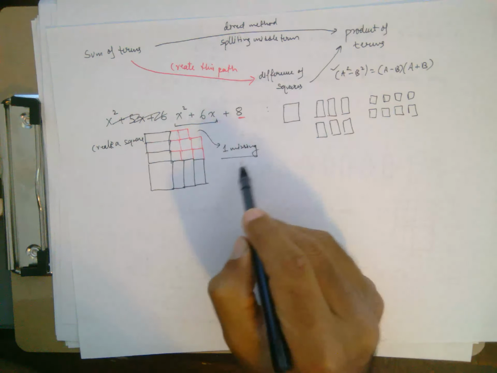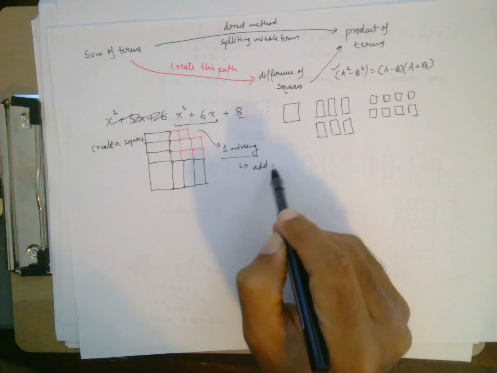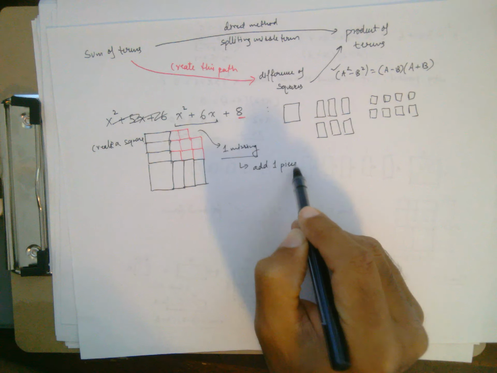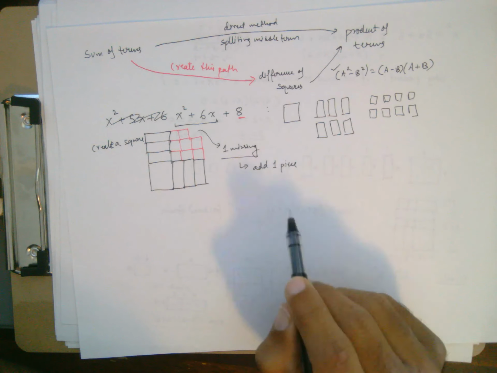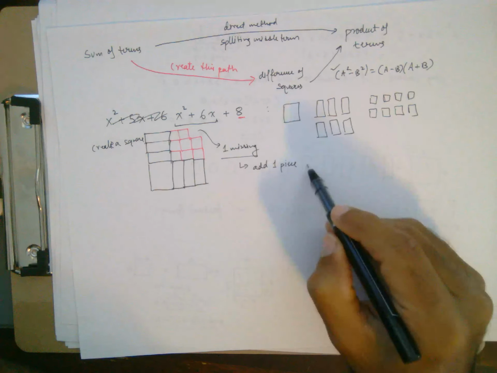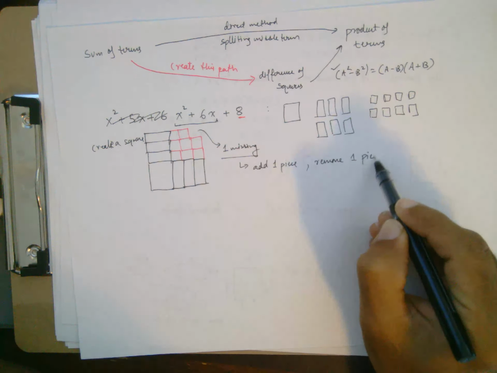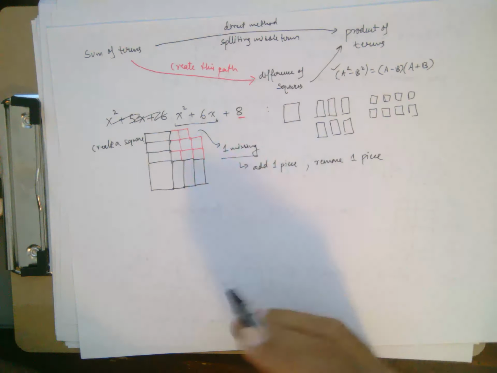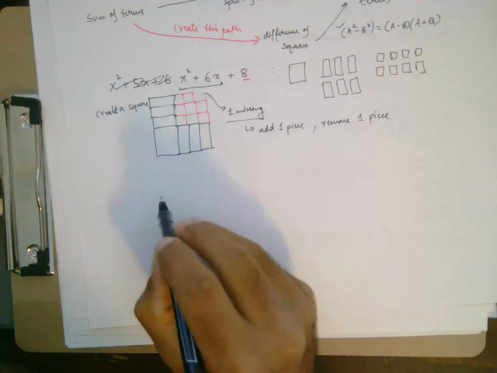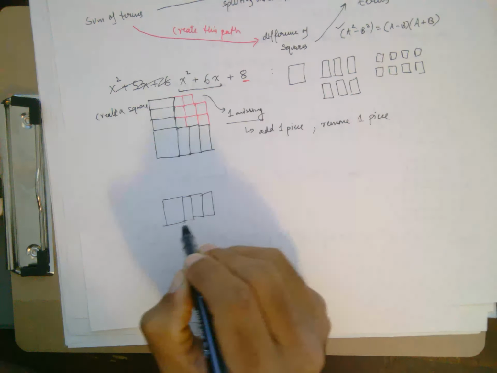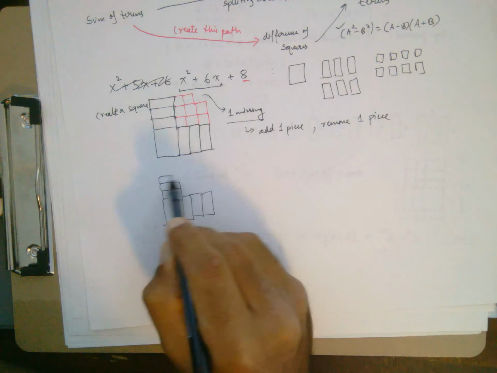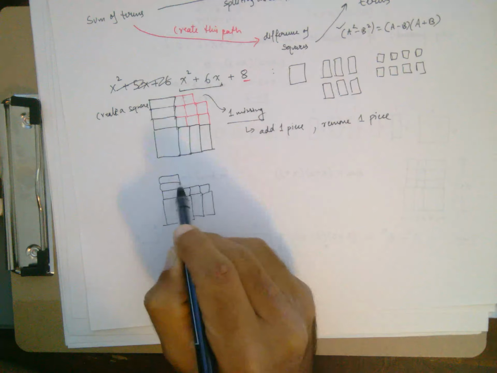So what I do is I add one piece, but of course I cannot change what is given to me and also remove one piece. So if I add and remove one piece, I'm not making any change. So if I do that, what does this become? I have 3 vertical stacks, 3 horizontal stacks, and now I have 9 pieces.